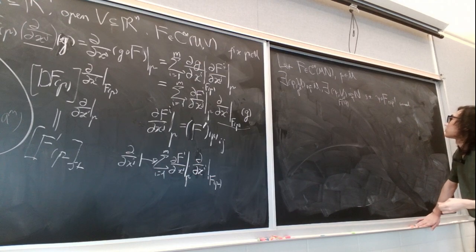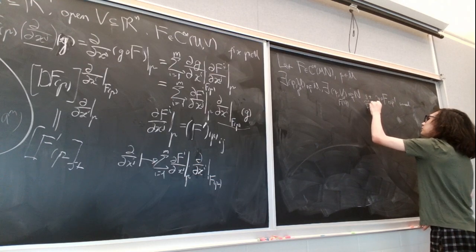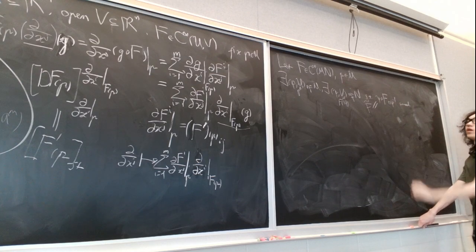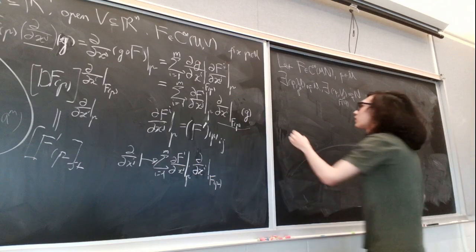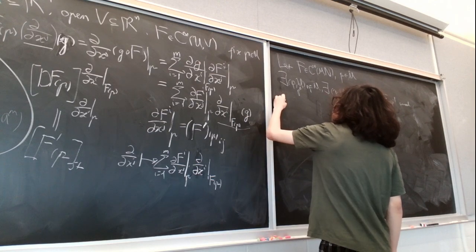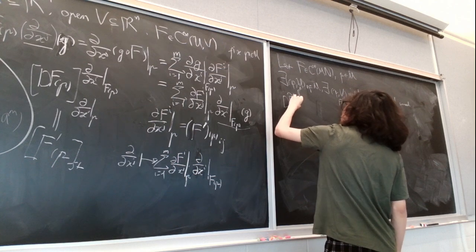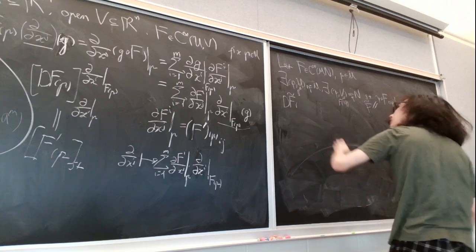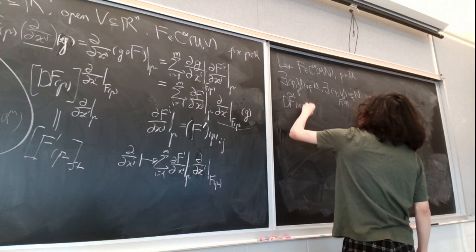And so here's what I'm going to do. We define f tilde as this composition. Then we think about d f tilde at some point u equals phi of p.